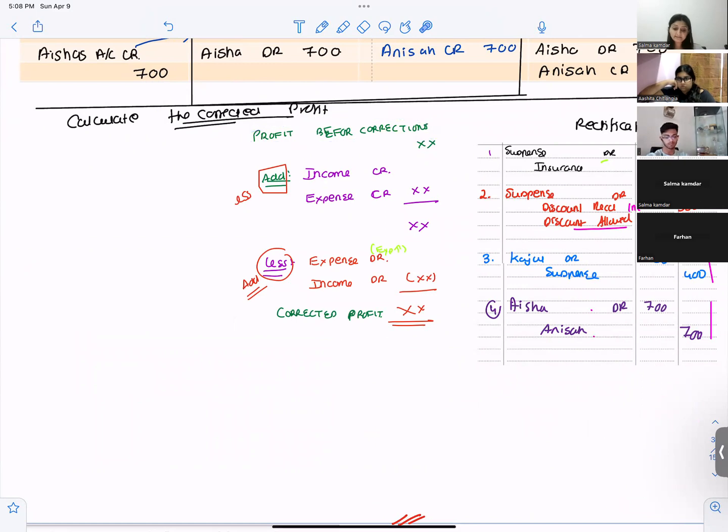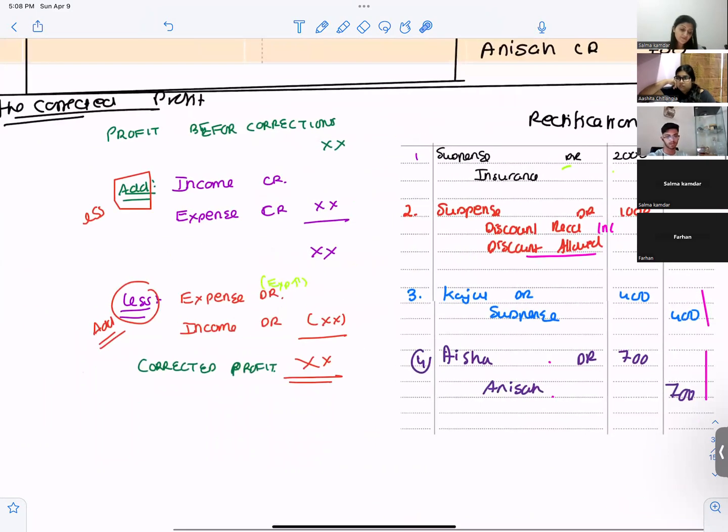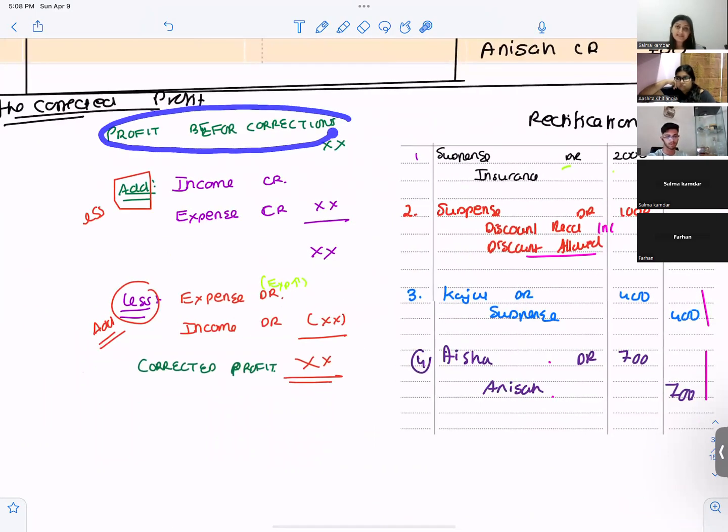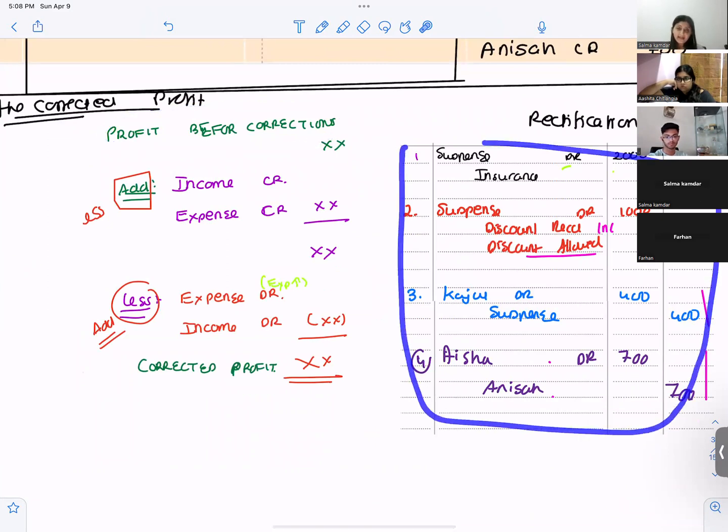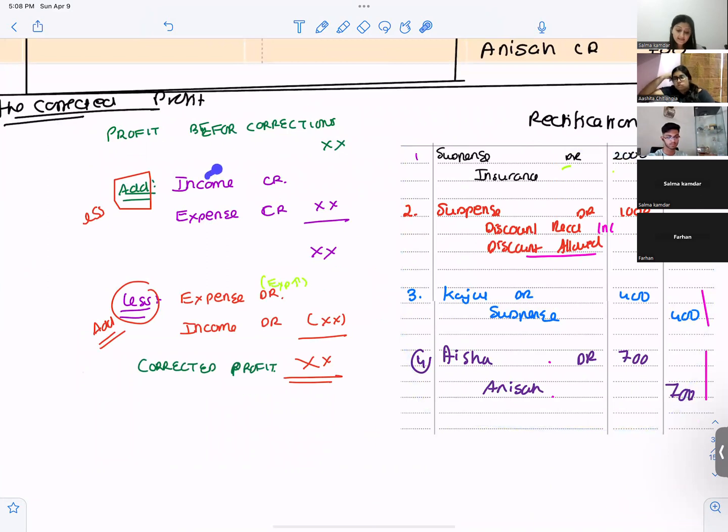In that, if in your rectification entry, anywhere you have done income credit or expense credit, you will add it.